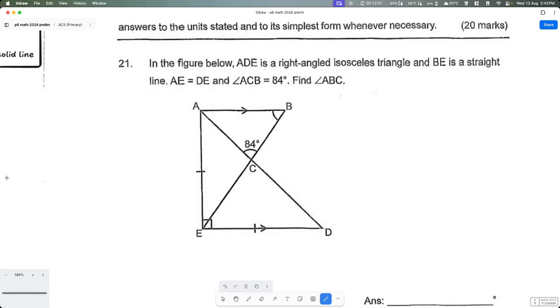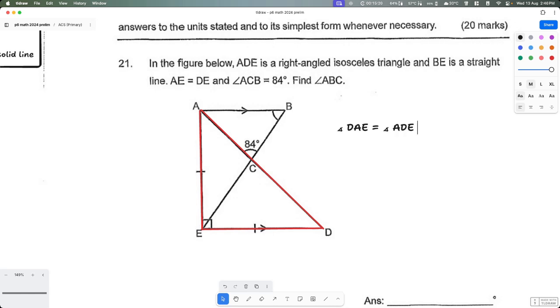Okay, so in this case over here, we know that this triangle over here is an isosceles triangle. So I'm going to highlight this. For an isosceles triangle, two of the opposite sides are the same, right? So that means in this case, angle DAE is equal to angle ADE, which is basically 180 minus 90, and then we divide this by 2.